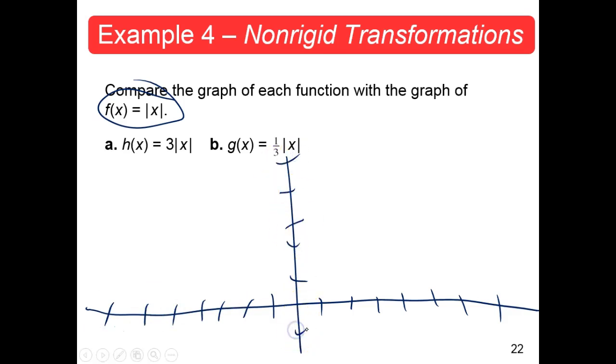Give me some points. 0, 0, good. 1, 1. 2, 2. 3, 3. 4, 4. 5, 5. 6, 6. 7, 7. 8, 8. Blah, blah, blah. Okay. Straight line, slope of 1, going up there. The identity function on the right. How about on the left?